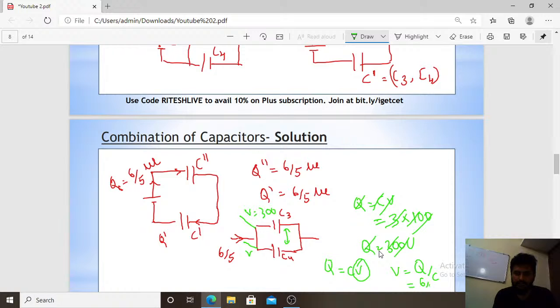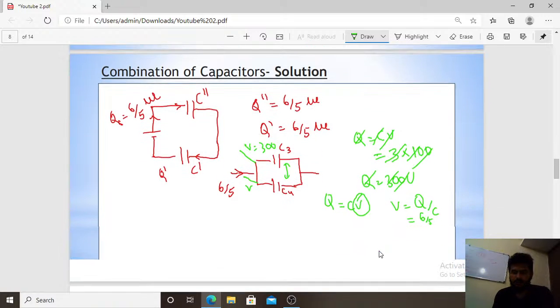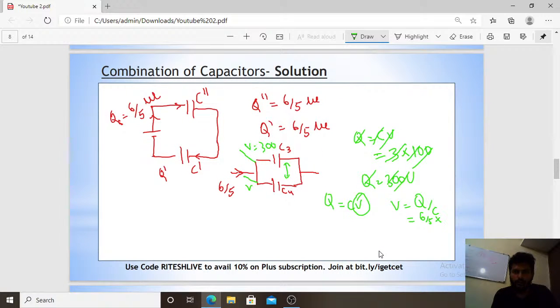That is 6 by 5, into, sorry, divide by C, how much value? Again 3. V will be 6 by 5 into 3. Is it right or wrong, Yashasvi?